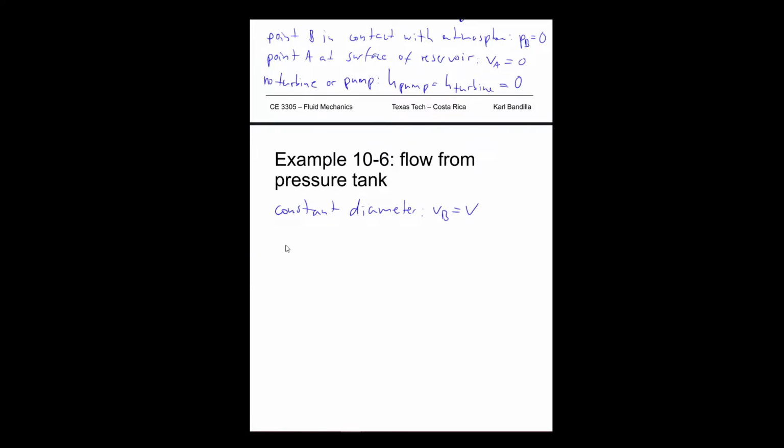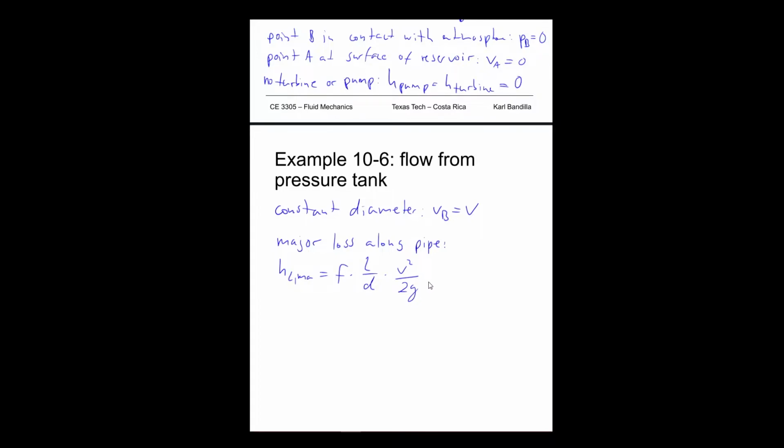HL will have two components. We'll have the major loss along the pipe. I guess we could just say major loss because that's always the one along the pipe. So that's going to be HL, let's say MA for major, and that is f times L over D times V squared over 2g.